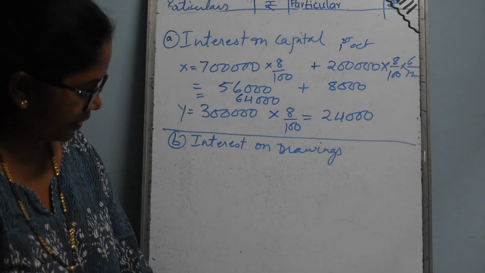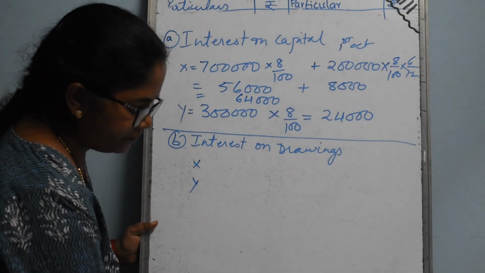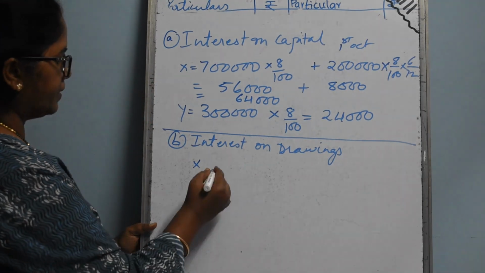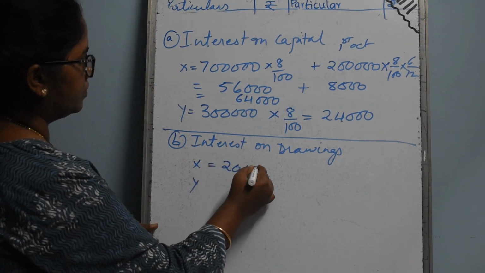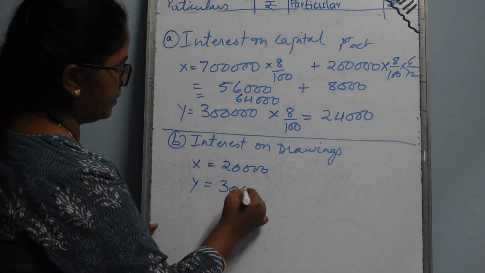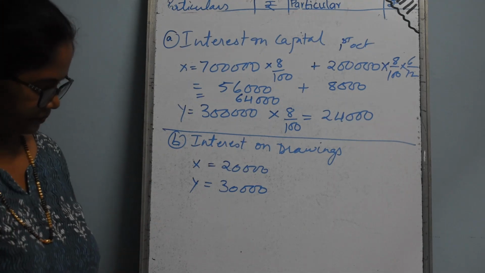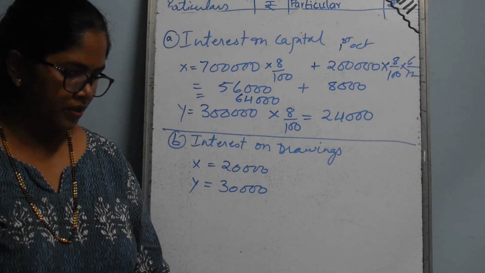So for drawings, X withdrew rupees 20,000 and Y withdrew rupees 30,000. Now you have to calculate the number of months for the interest.